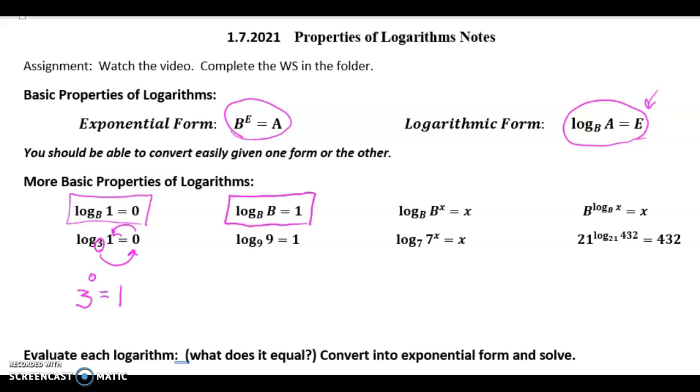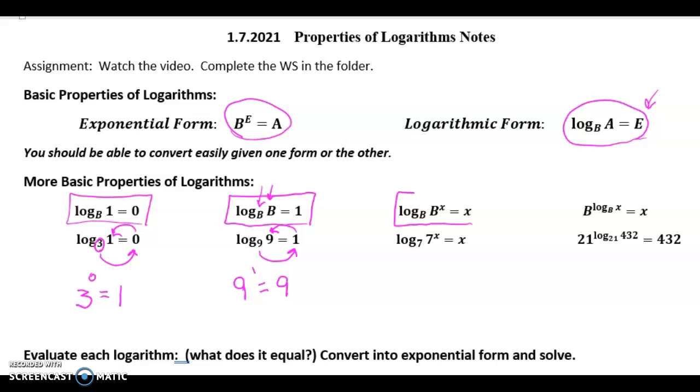Log base B of B equals 1. So in other words, when the base and the answer are the same number, then that value will always equal 1. Here's an example. 9 to the first power equals 9. True.